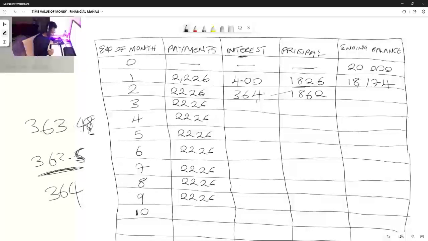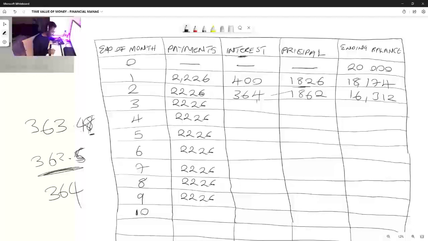Then we subtract this principal from our period 1 ending balance of 18,174. So 18,174 minus 1,862 gives us 16,312 as our ending balance for period 2.